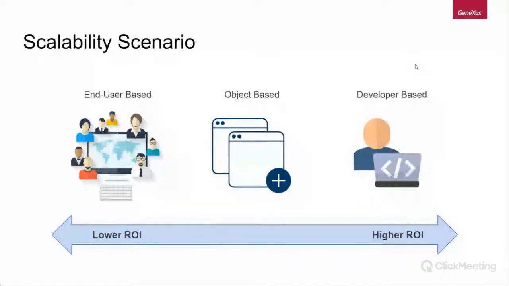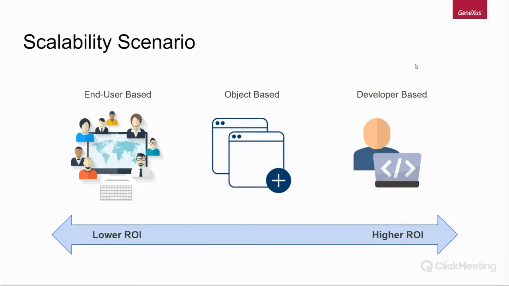And why is it in the middle? Because it is not as aggressive for our expenses as the end user based, but nonetheless we'll have to incur additional expenses every time our software or system needs to be modified or expanded. We won't depend on the number of users our application has, but every time our project changes, the licensing model will change and we'll have to incur additional expenses.